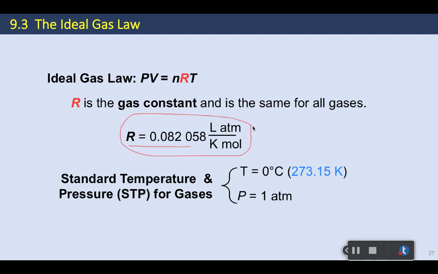You have to pay attention to them and make sure that you're doing things correctly. That means you need to use pressure in atmospheres, volume in liters, the temperature in Kelvin, and yes, moles, the number of moles. So those are all the other parts that are related to this gas law.